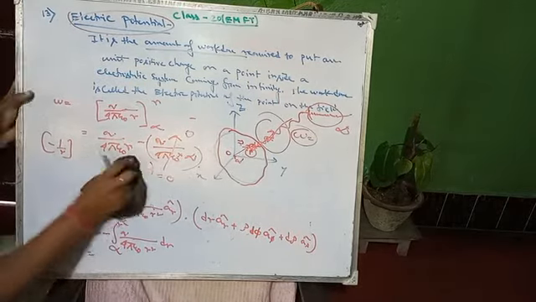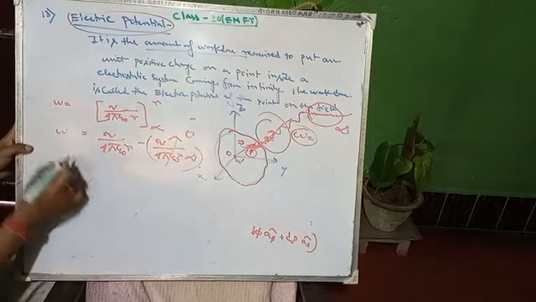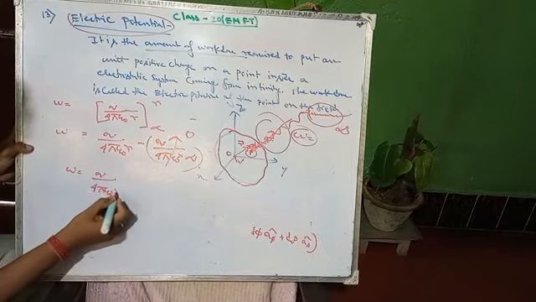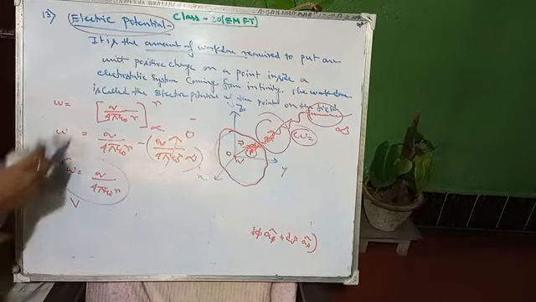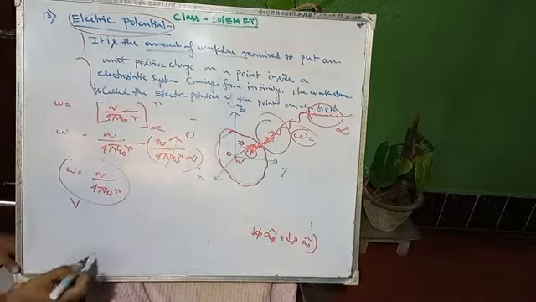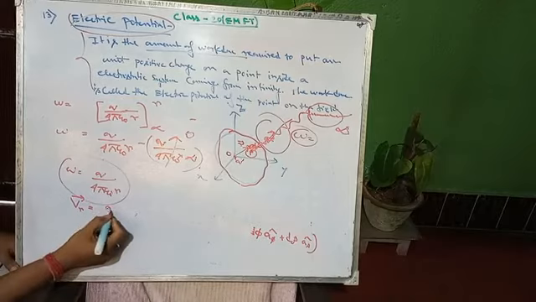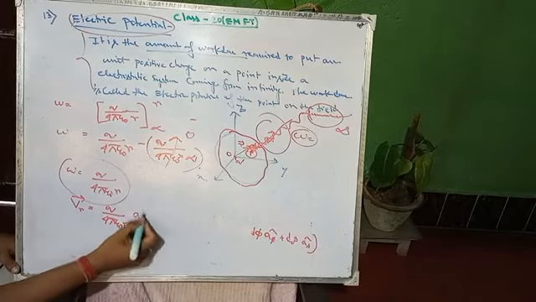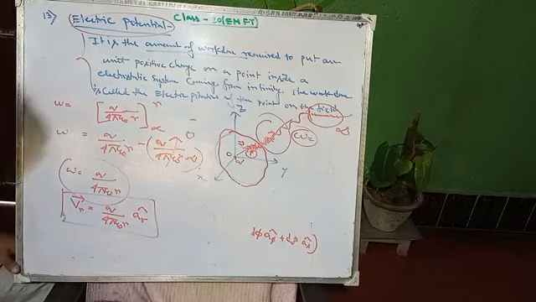So this second part will be 0, and your final expression W equals to q by 4 pi epsilon naught into r. So now the V, that is the potential, according to this definition. So V of r, if we put a vector sign, then q by 4 pi epsilon naught into r AR cap. Okay, this is your answer.